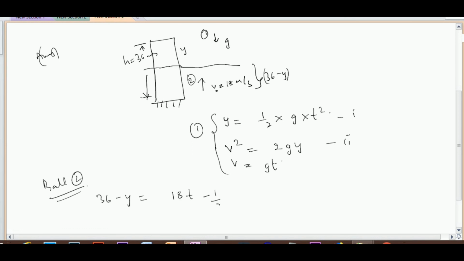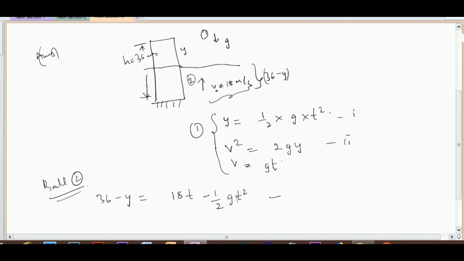And for ball 2, let us write the equations for that also. That is 36 minus y is equal to 18t minus half gt square, since the ball is traveling from the ground.